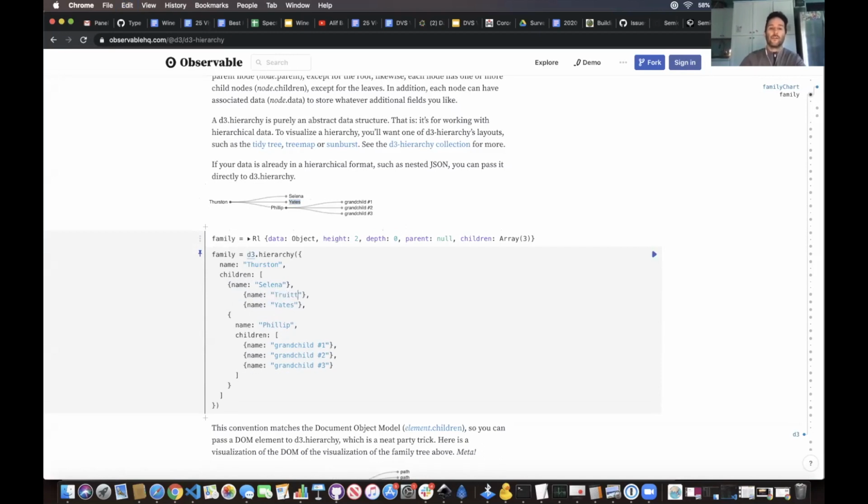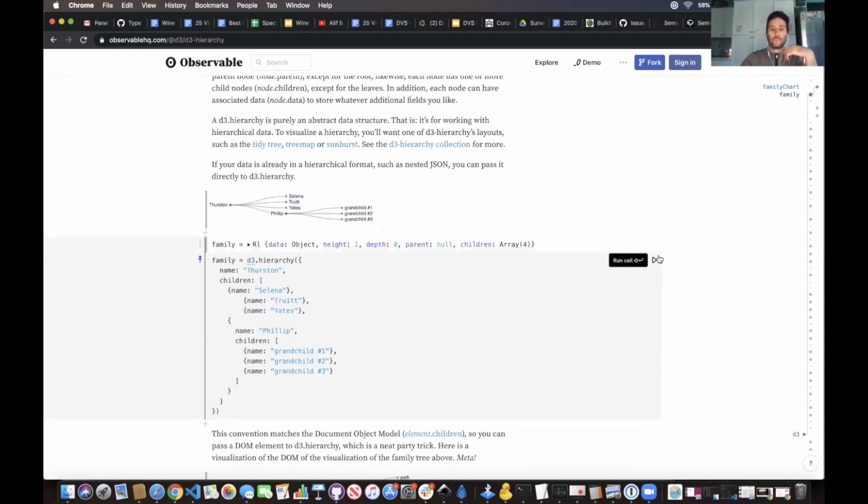My other uncle's name is Truett. And then my father's name, he had some kids. Their kids were not named grandchild 1 and grandchild 2 and grandchild 3. Their names were Nikki.